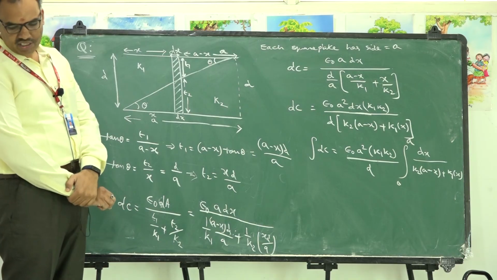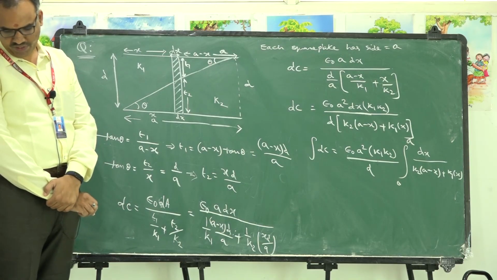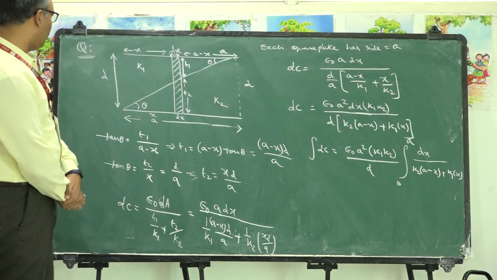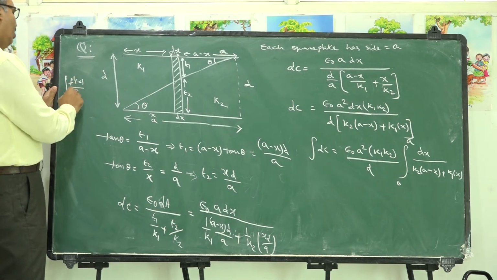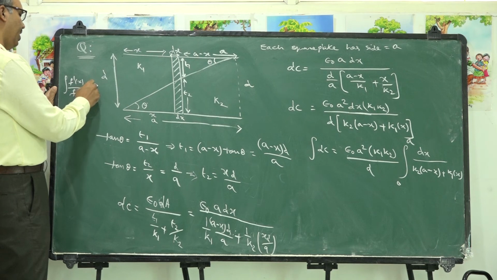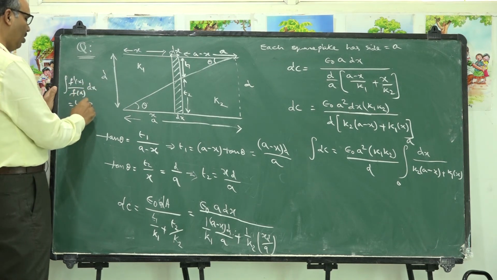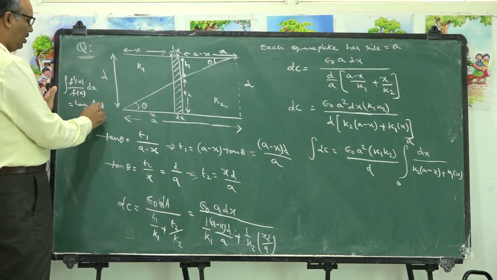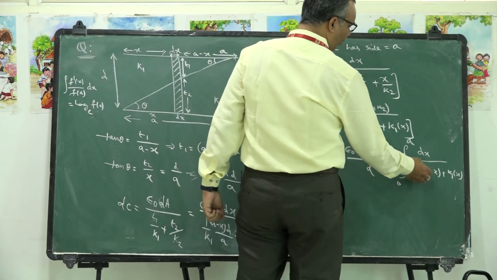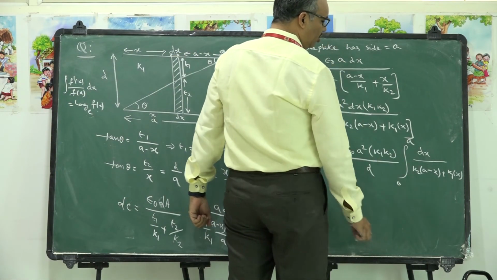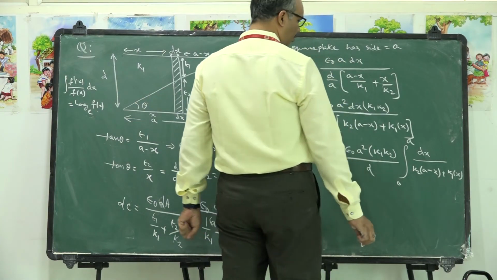We need to simplify this integral. How to simplify? You know that the integral of f dash x by f of x dx can be written as log of f of x to the base e. So if the denominator function has its derivative in the numerator, then you can use this formula.